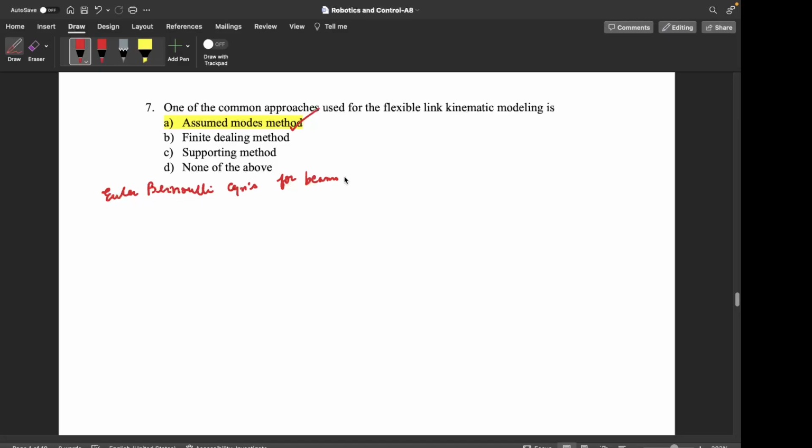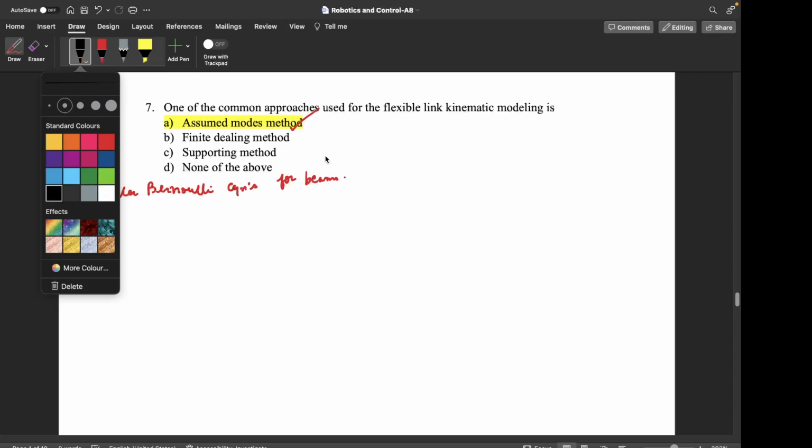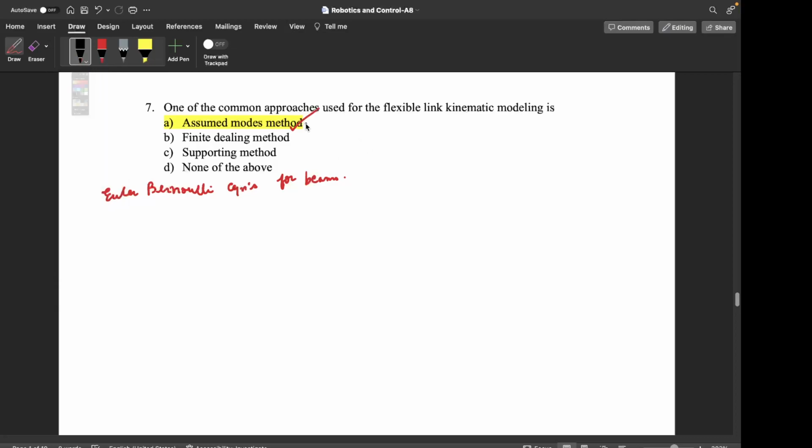So in this assumed mode method, what we have is a finite dimensional model of order mi of link flexibility.